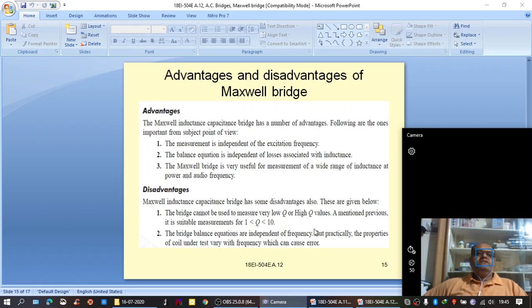What is quality factor? Quality factor is omega L by R. The higher the value of inductance when compared with the value of associated resistance, the better would be the quality factor of the coil. So for Maxwell bridge, it can be used for coils having a quality factor greater than 1 and less than 10.